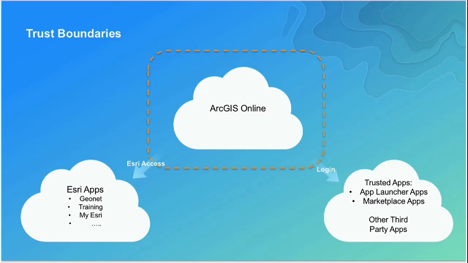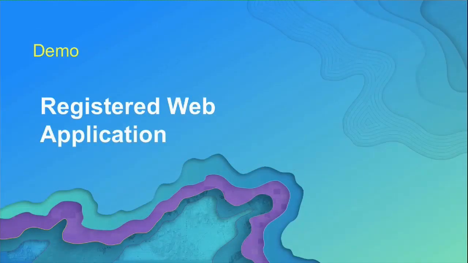And so we have the admins of the org enable what's called Esri access for users that want to go outside this boundary, to make sure that they are allowed to. Because for some organizations, it's important that they don't go outside of that boundary. Let me switch it back to Jeff.